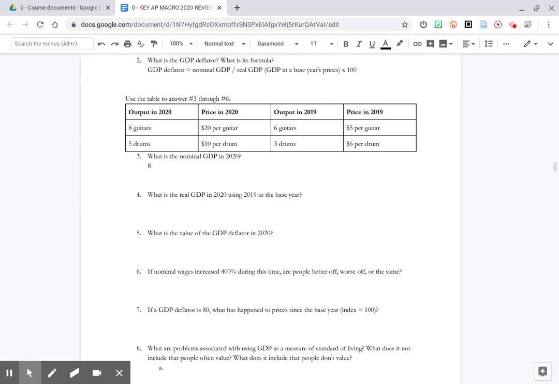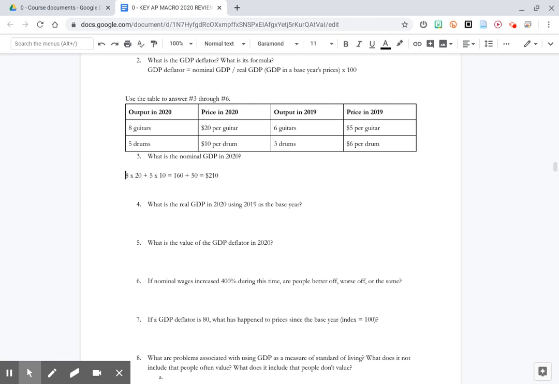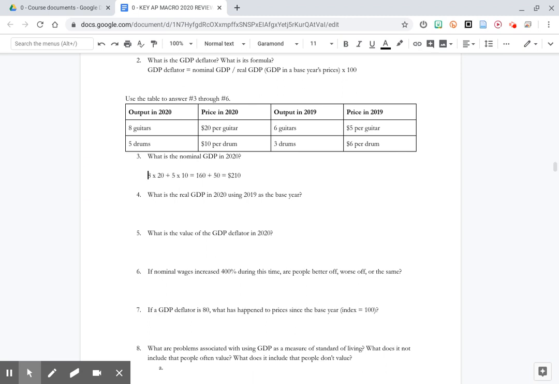So we have 8 guitars times $20 plus 5 drums times 10 is 160 plus 50 is $210, to be clear. Then the real GDP in 2020 using 2019 as the base year is output in 2020. So I'm going to type this up here so you can see where these numbers come from. In 2020 times prices in 2020.